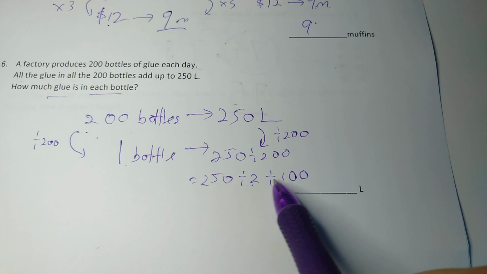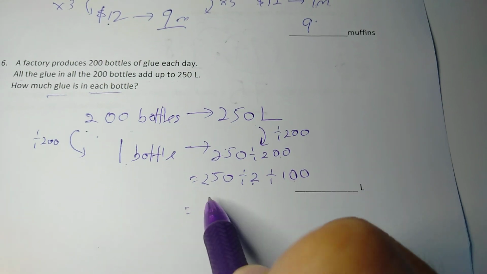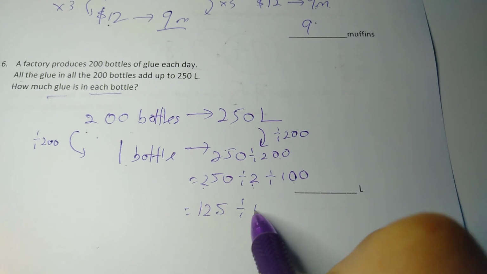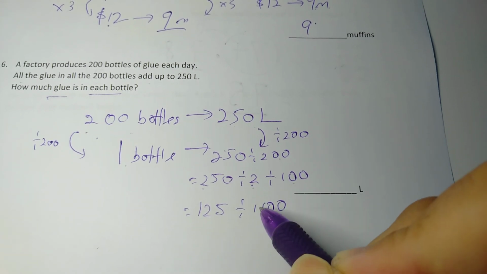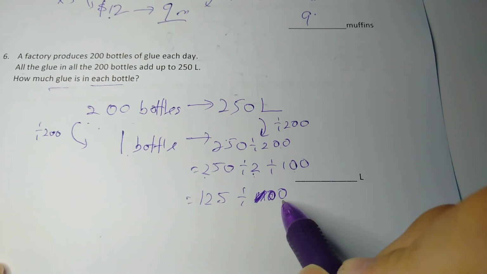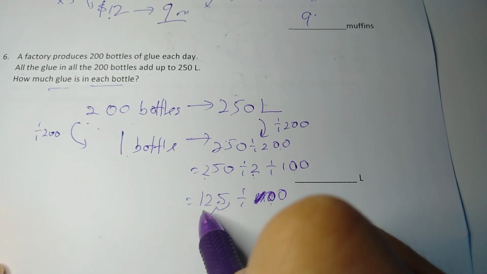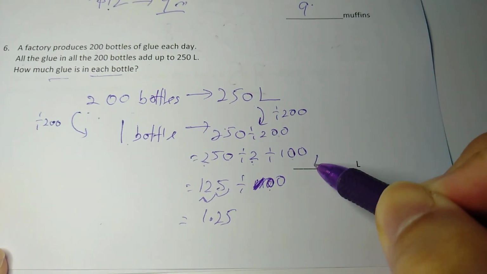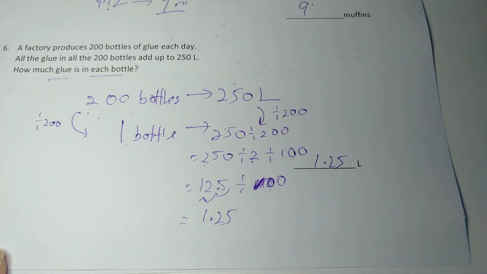Think of this as 2 times 100 is 200. 250 divided by 2 is 125, divided by 100. And then divide by 100, I move my decimal 1, 2. Okay, I get my 1.25. So it's 1.25 liters.